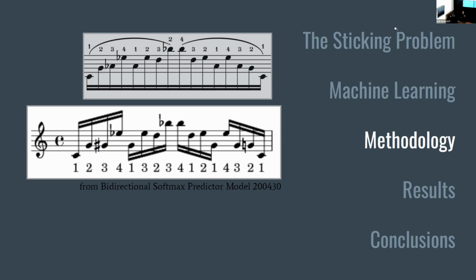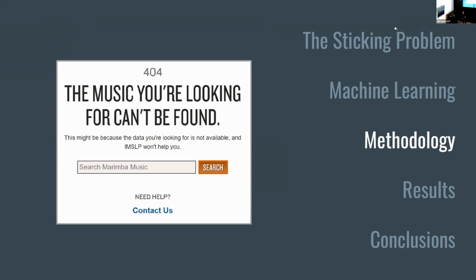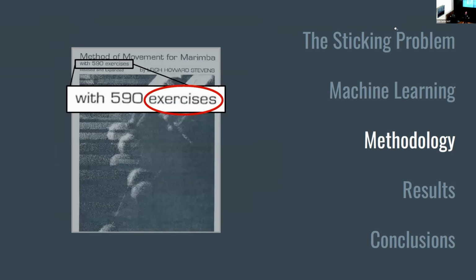For various reasons, the results were difficult to find conclusive, mainly attributed to an experimental design limitation: the data as input were exercises, not necessarily inherently musical passages. And so in a qualitative analysis sense, a lot of the stickings ended up being judged from a fairly physical sense rather than a musical sense. But that's not to say that there weren't any examples.